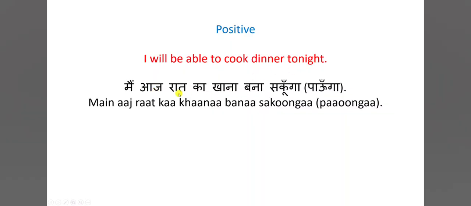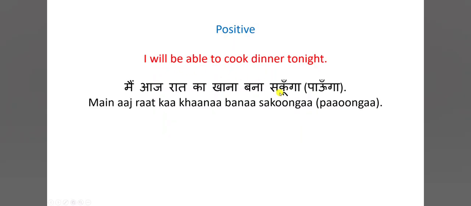Raat ka khana is food of the night, which is dinner. Raat ka khana here represents dinner. Bana is prepare, which is used for cook. Sakunga is will be able to.